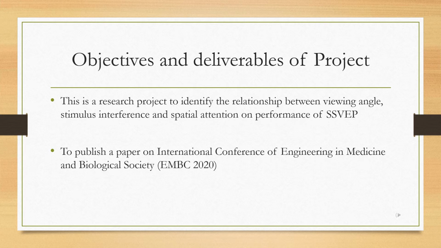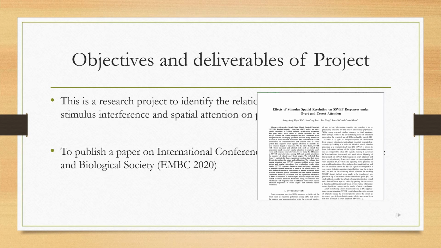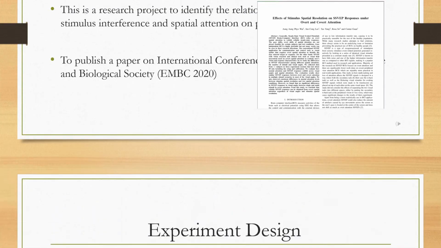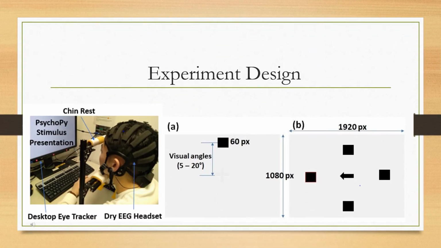For example, studying the spatial attention relationship allow us to evaluate if it is feasible to use peripheral view-based brain-computer interfaces, and understanding viewing angles helps us consider the optimal distance for placing visual stimuli. The findings from this research experiment are also going to be published on the International Conference of Engineering in Medicine and Biological Society.